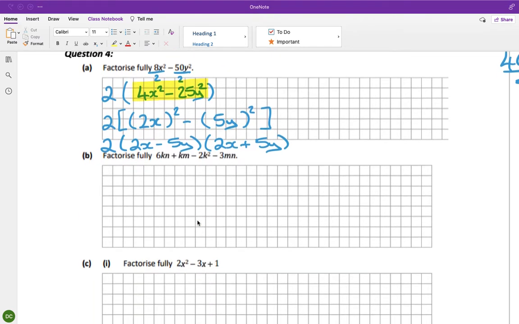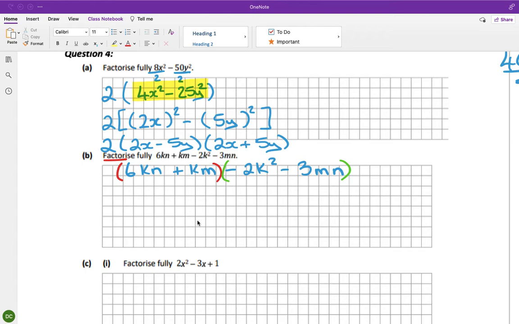This one, I'm just going to rewrite it. So 6kn plus km minus 2k squared minus 3mn. Okay, it says factorize, and it has 4 terms. So it is a grouping one where we do the red group and the green group.